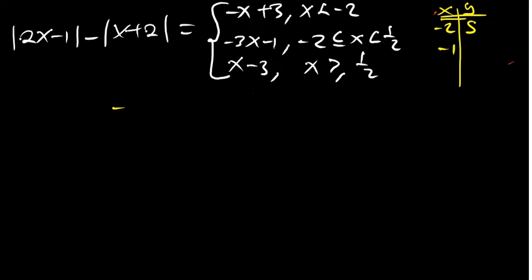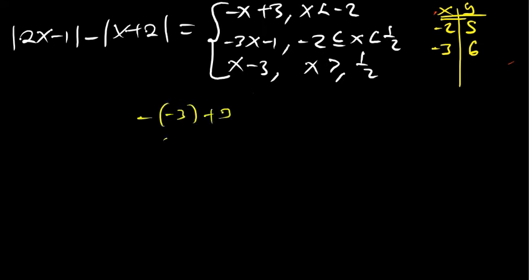Yes. So now I have to pick negative 3. If I put negative 3 there, I'm going to have negative x plus 3, so 3 plus 3, which is 6.